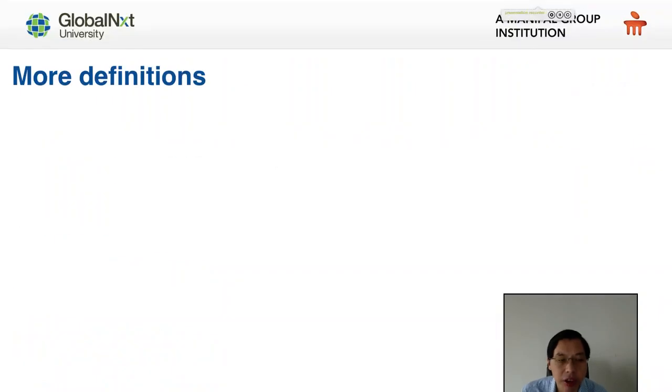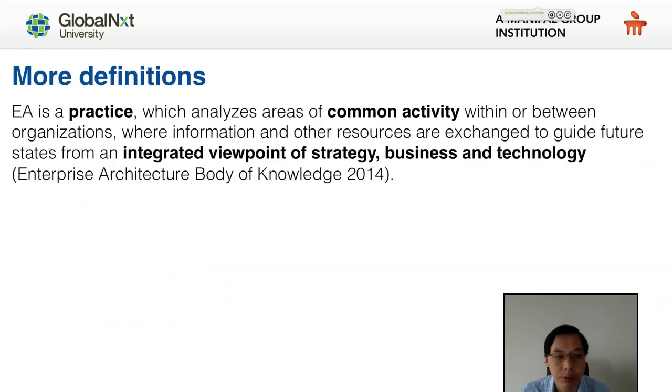There are a couple more definitions that I'd like to share with you. This is from the Enterprise Architecture Book of Knowledge. Enterprise architecture is a practice which analyzes areas of common activity within or between organizations where information and other resources are exchanged, to guide future states from an integrated viewpoint of strategy, business, and technology.